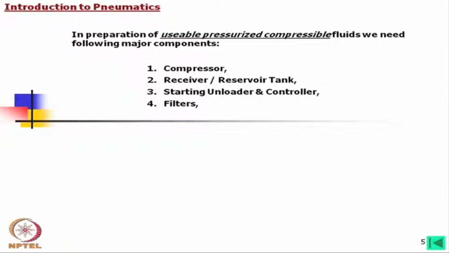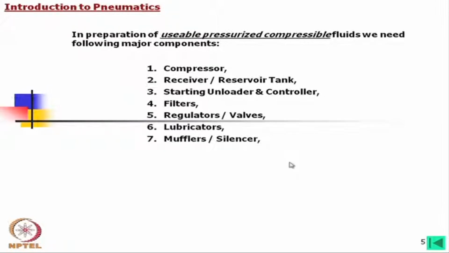Then we need filters. Now, this filter is not the suction strainer, that will be there as well. After the compression we need an online filter to make the air dust free. Then we definitely need a regulator and valves. We need a lubricator as mentioned, mufflers and silencers.